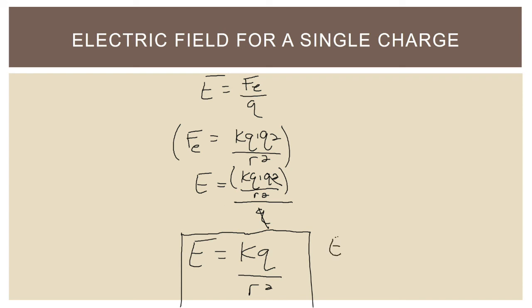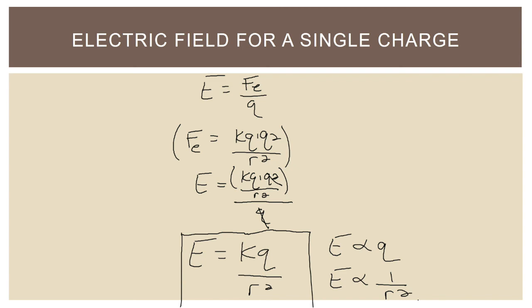That tells you if the charge is bigger, the electric field is stronger. That makes sense. And it tells you if the distance between you and the charge is bigger, the electric field is weaker. Take a second to pause this video here and write that down. And when you hit play, we'll wrap it up for today.